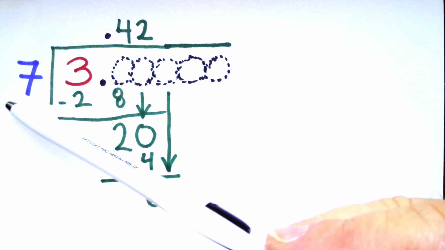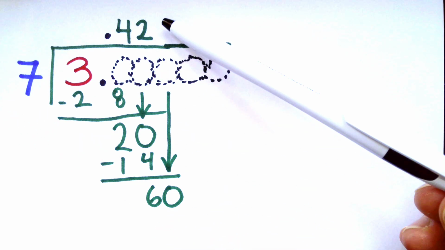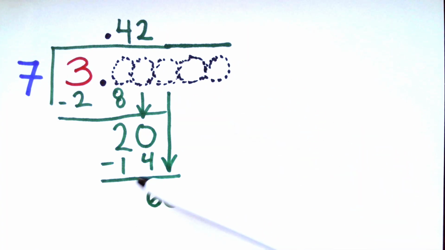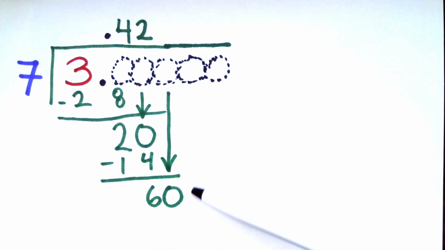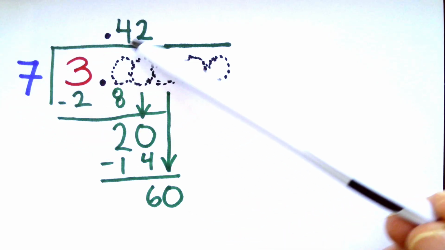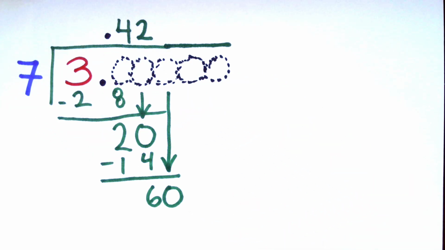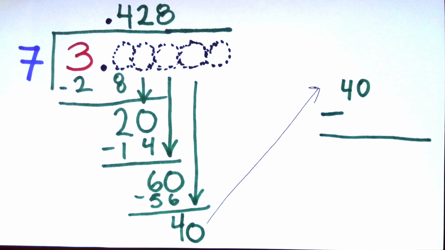So 7 times 9 would give me 63. 63 is too large. So what about 7 times 8? And what am I going to do with that? Right on. So 7 times 8 is 56. I'm going to subtract 56 from my target of 60. That leaves me a 4. I'm going to bring down my 0, and my new target is 40.